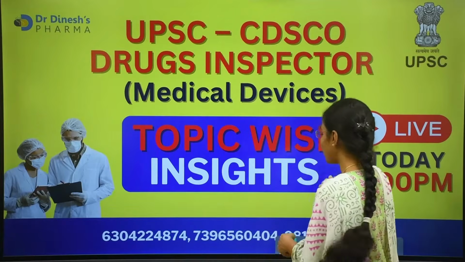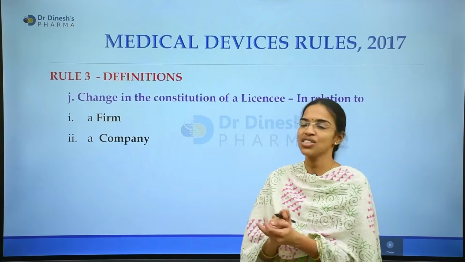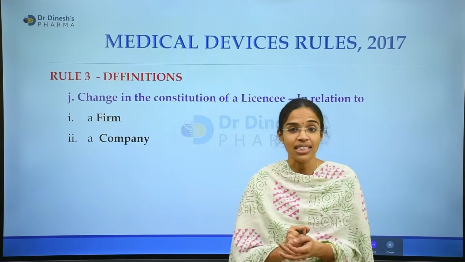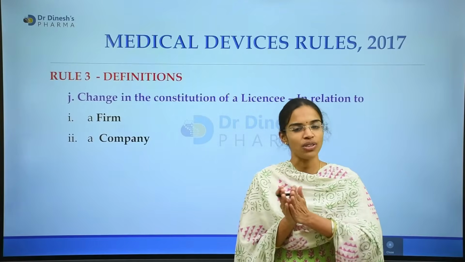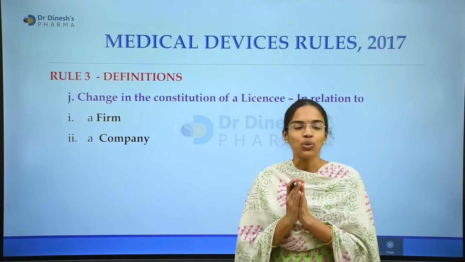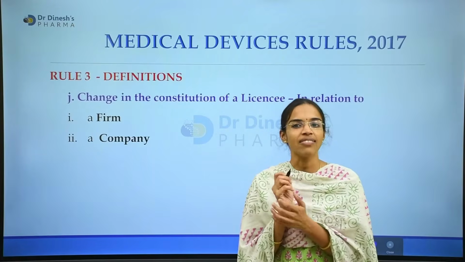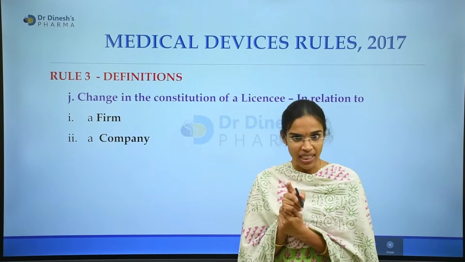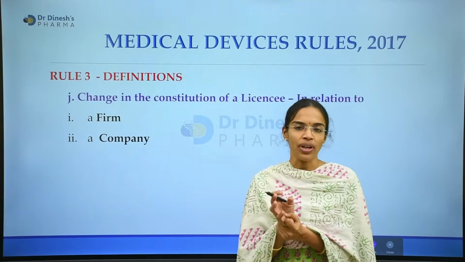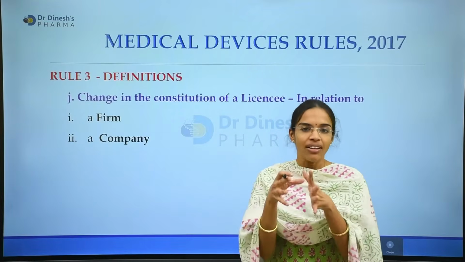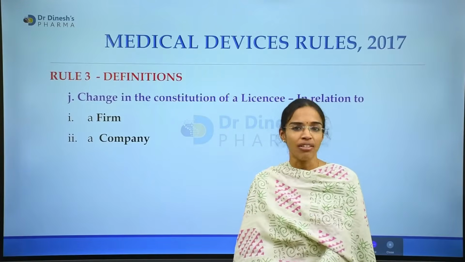Till yesterday's session we were discussing chapter 1 of MDR 2017. We also discussed that there are a total of 12 chapters and 97 rules of MDR 2017, Medical Devices Rules 2017, which were fit into those 12 chapters.